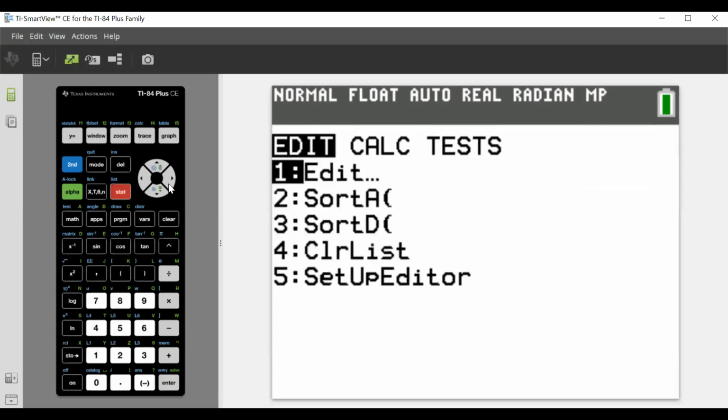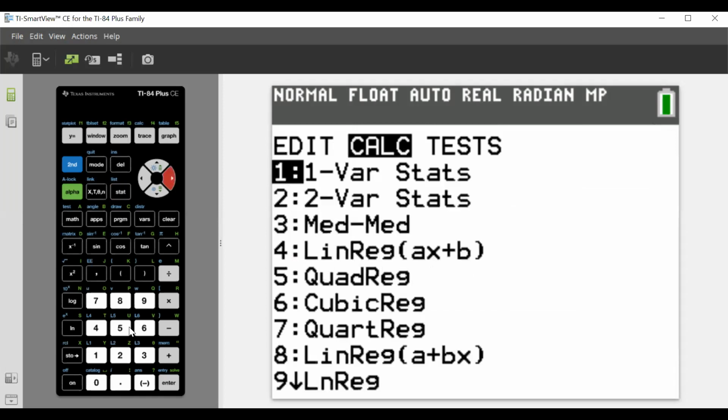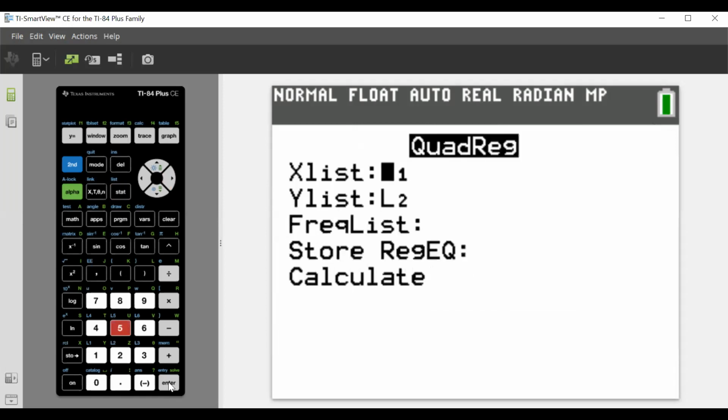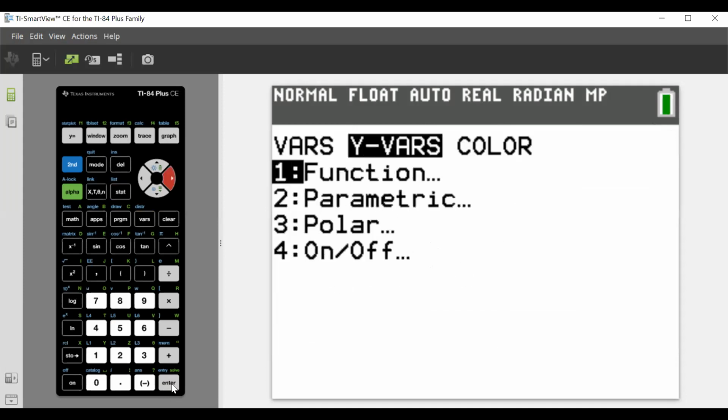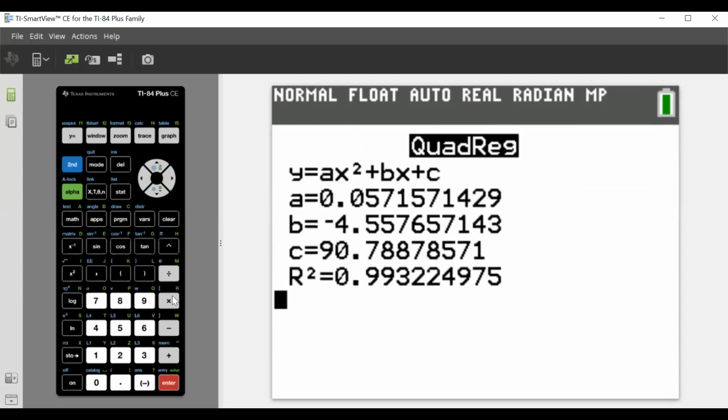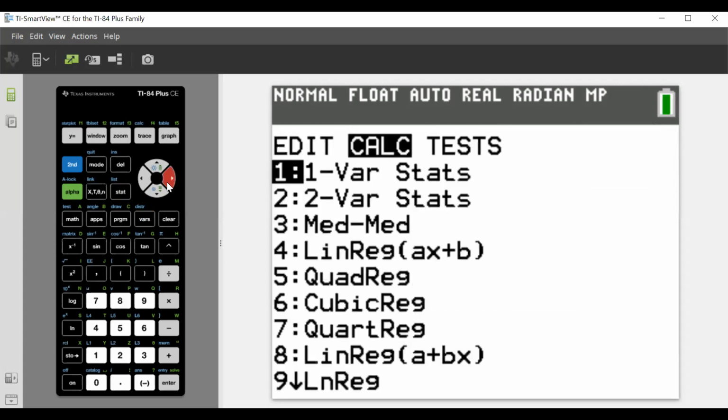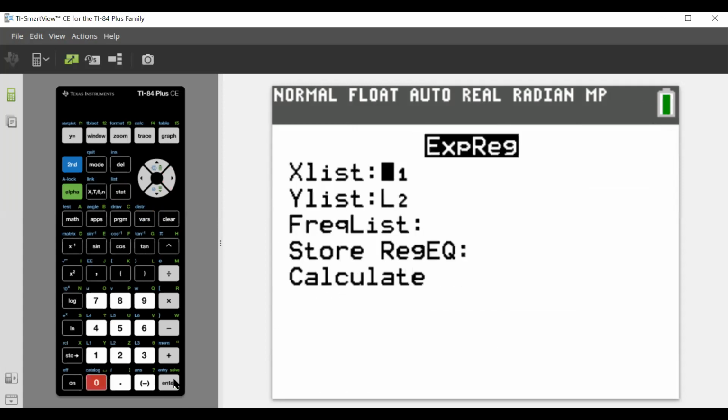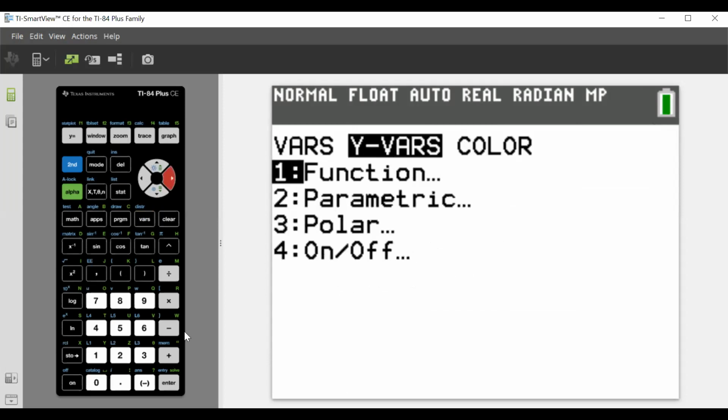So let's do both. A quadratic would be 5, and we go down here and let's call that vars 1. All right, and then let's do 0, which is our exponential. And again, let's put that in vars 2.